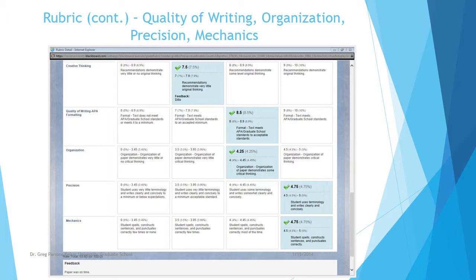So for each one of these categories, there's a specific set of points or a percentage assigned. These will then all be added up in total to give you the score for that particular writing assignment, that particular paper. So again, we're not doing anything new in terms of how the grading is being done or what we're looking for.